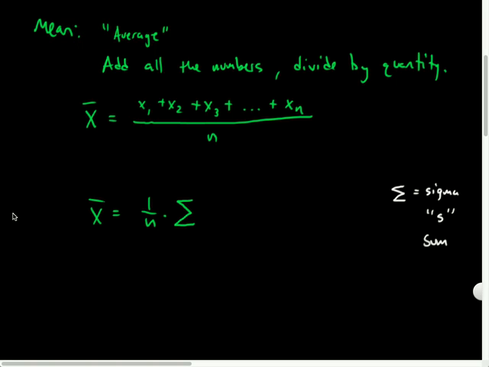When you use sigma, you actually have to tell it something. You'll have a starting point. So I'll say, start from i equals 1 all the way to i equals n of the following list, x sub i.